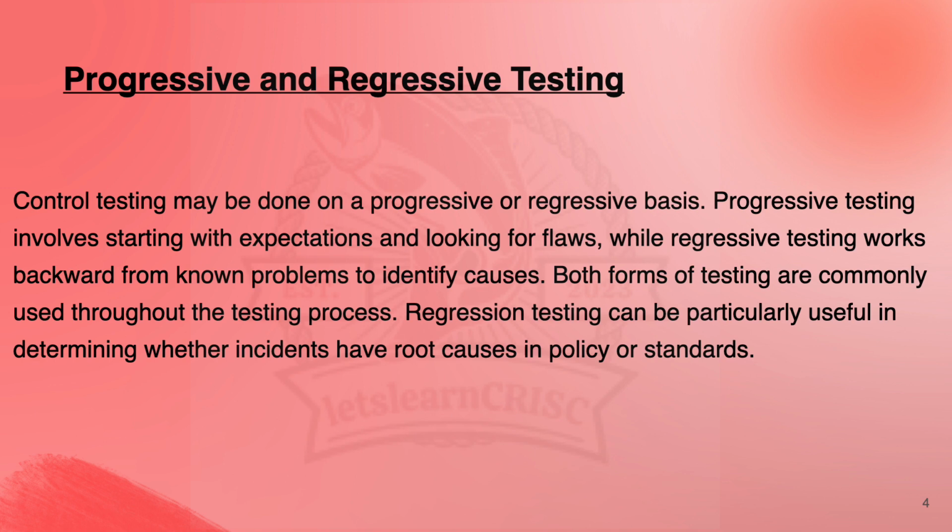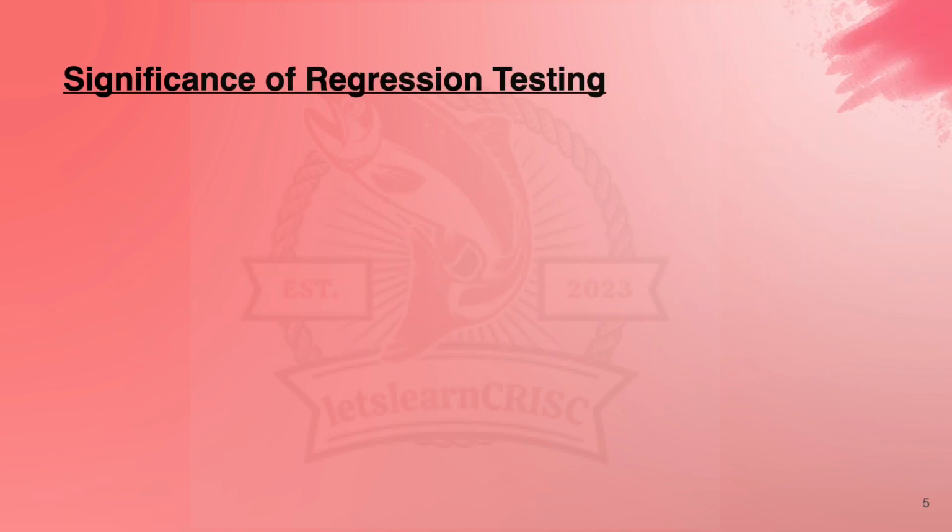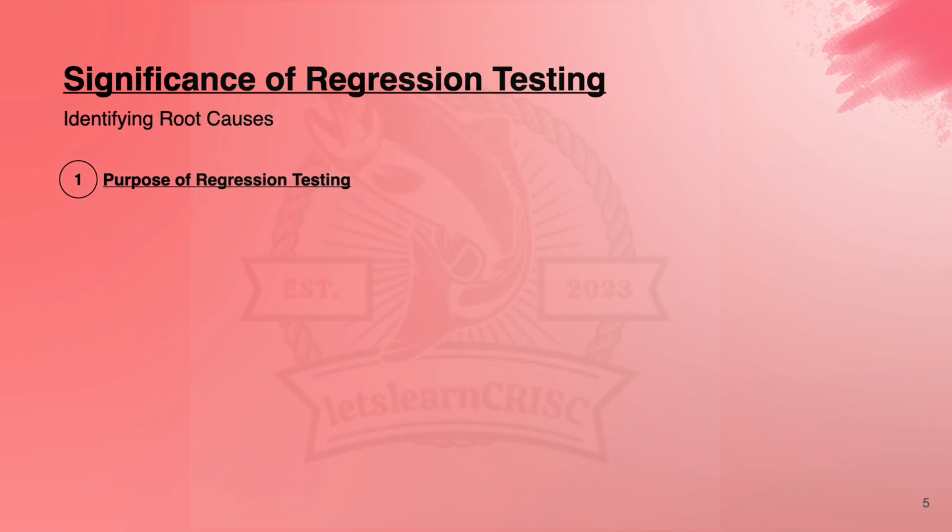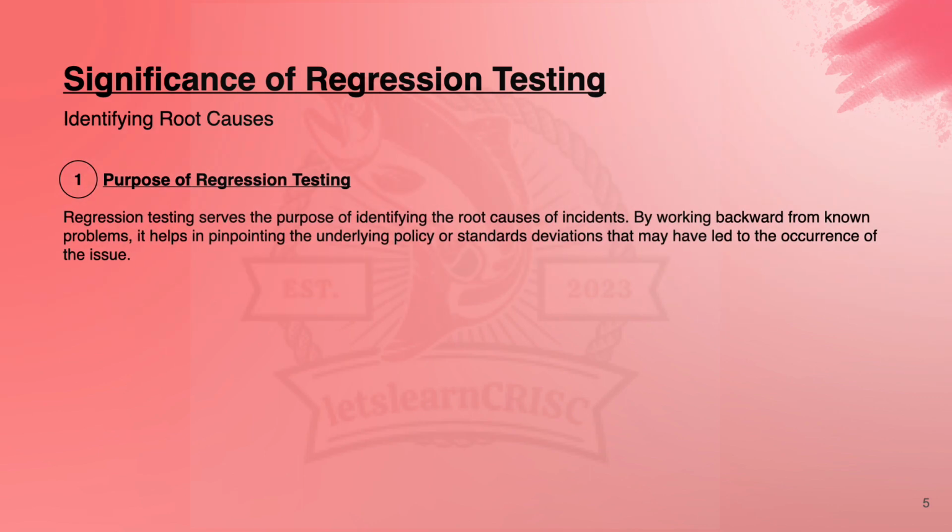Moving next. Next we'll discuss the significance of regression testing. The first significance is the purpose of regression testing. Friends, regression testing helps to find out why certain problems or incidents occur in the system, right? It involves tracking back from known issues to identify the policies or standards that might have been violated, causing the problem.